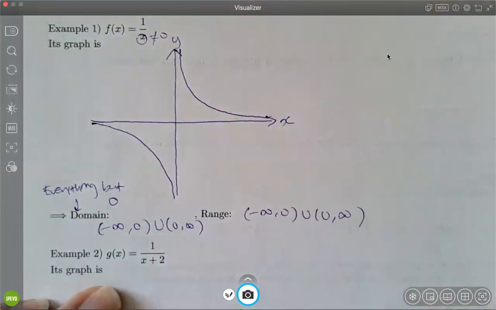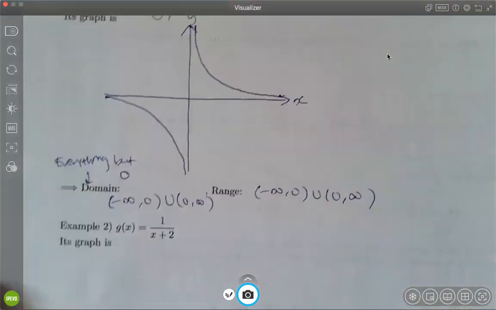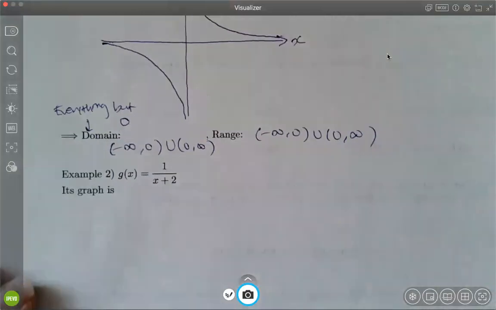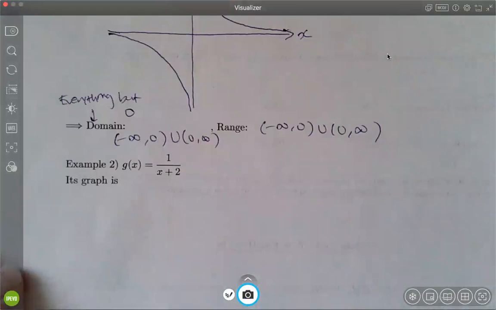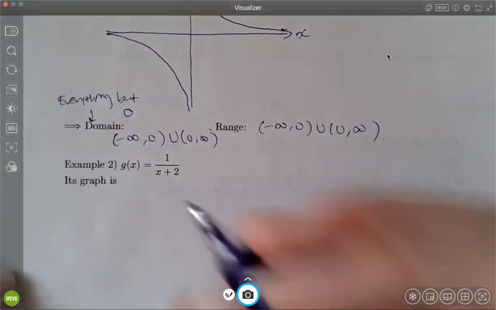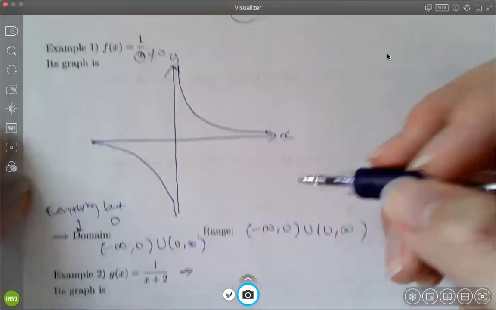Okay. So now, let's look at problem number 2. So number 2 is 1 over x plus 2. Okay. So now, how can we get its graph? So for this one, let's try to use 1 over x, okay?